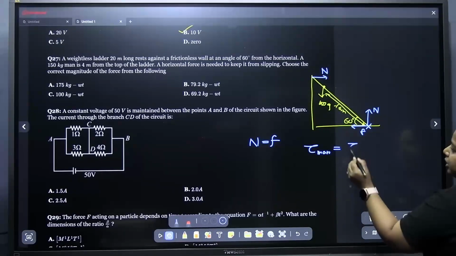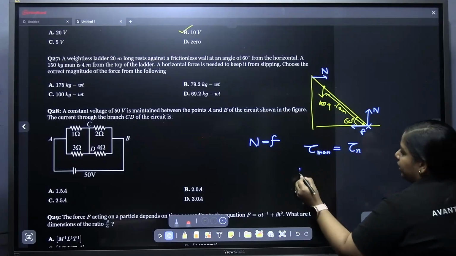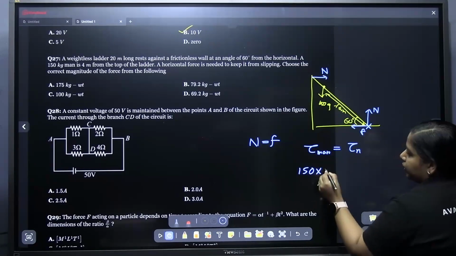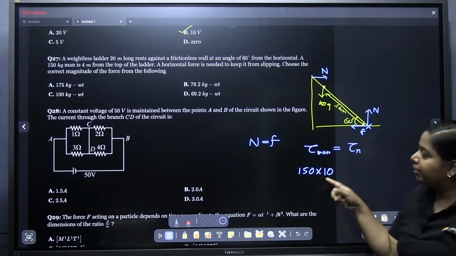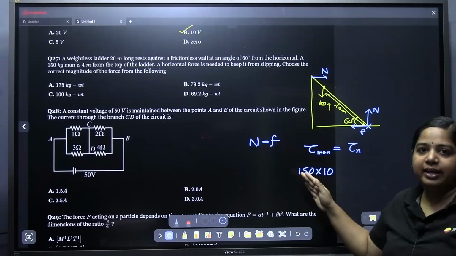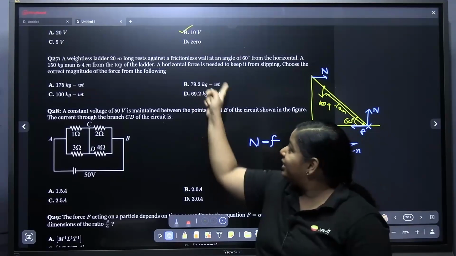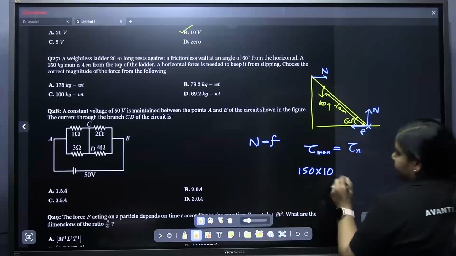Torque due to man should be equal to torque due to N, the normal force. Torque due to man is 150 into g. Like 10 we don't have to apply, because if we multiply with 10, you will get force in Newton. But here it is in kilogram weight, so we don't have to multiply this 10.